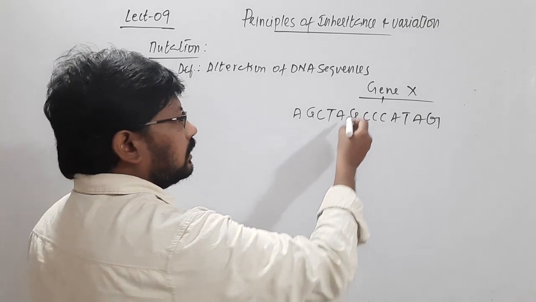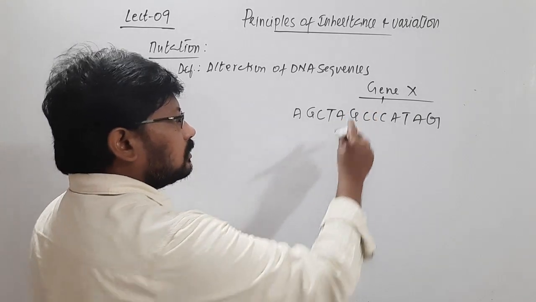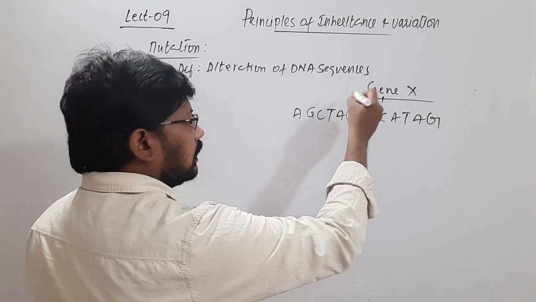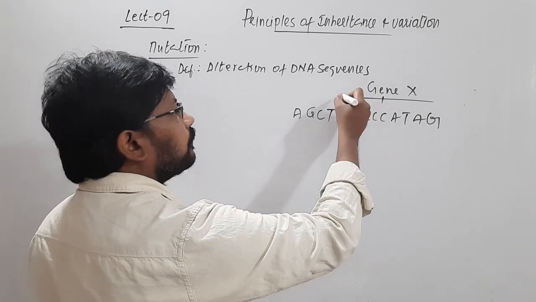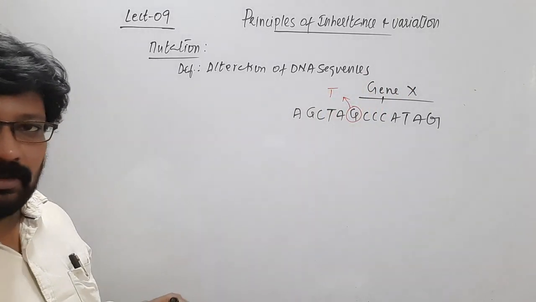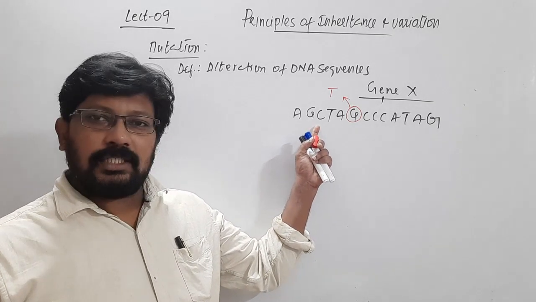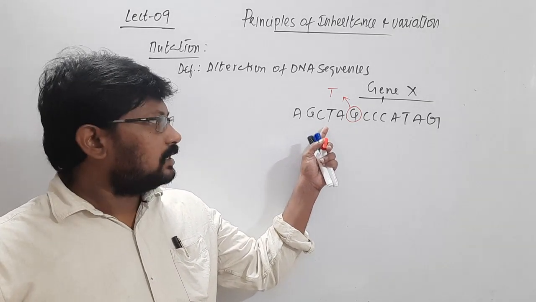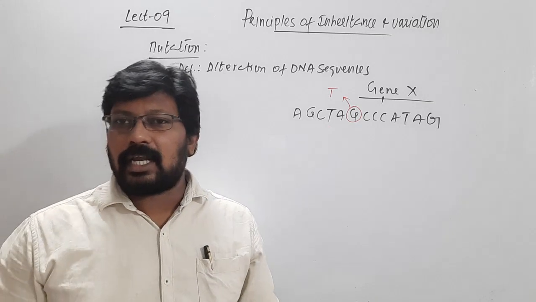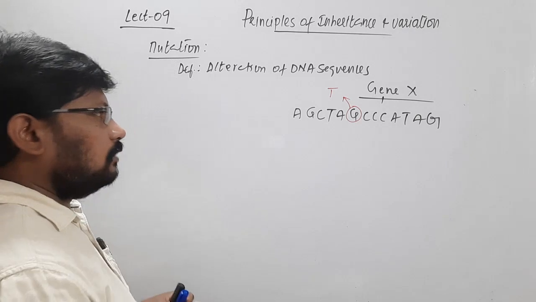Here A is adenine, G is guanine, C is cytosine, and T is thymine. These are the nitrogen bases that we see in the DNA molecule.